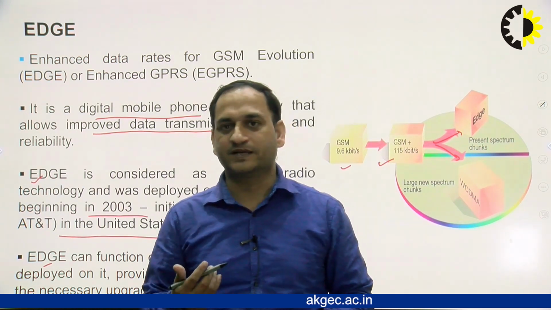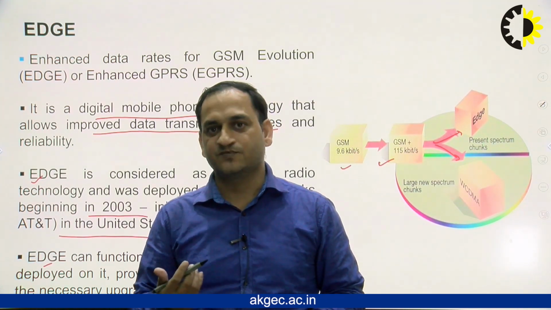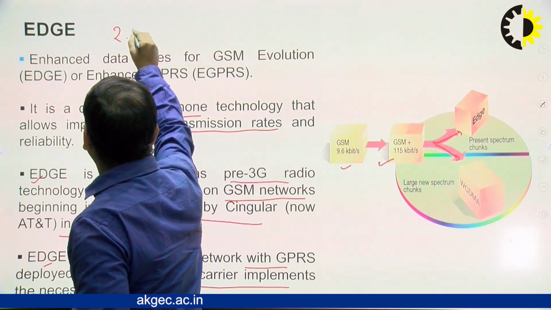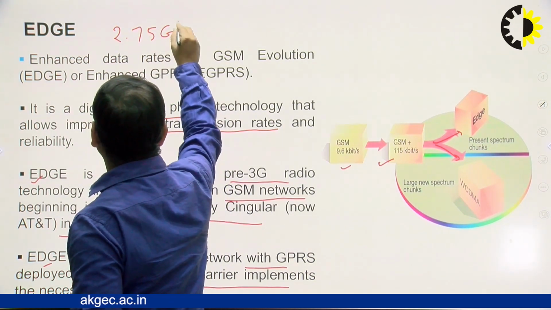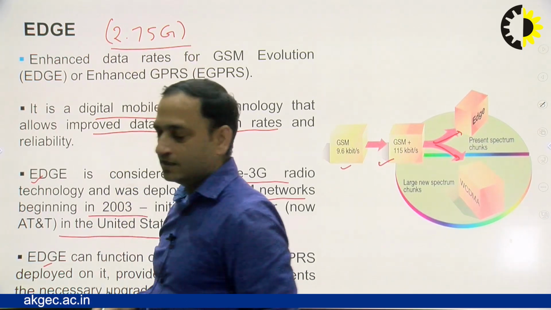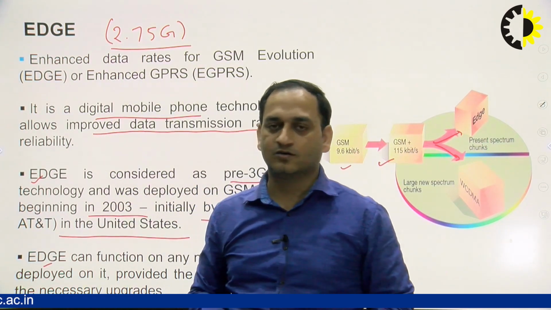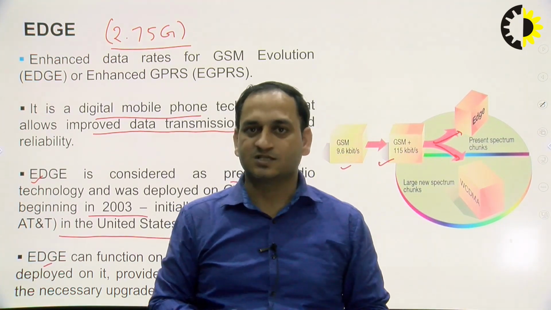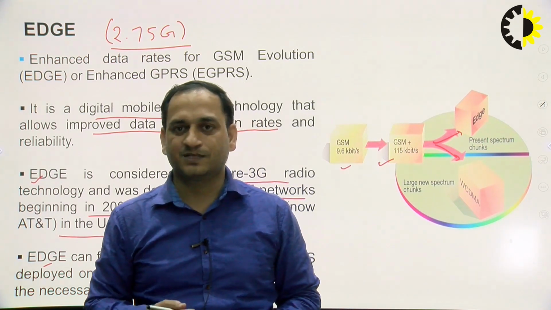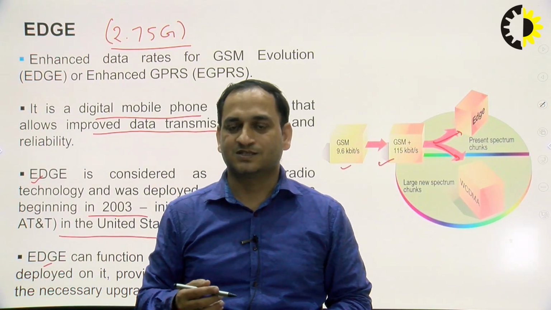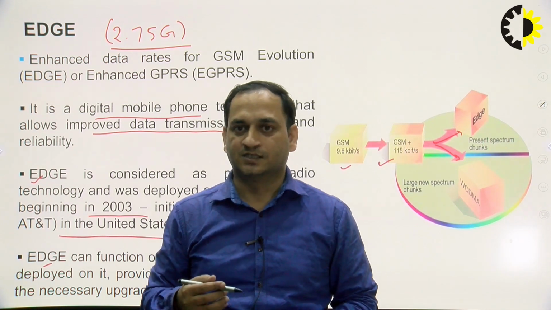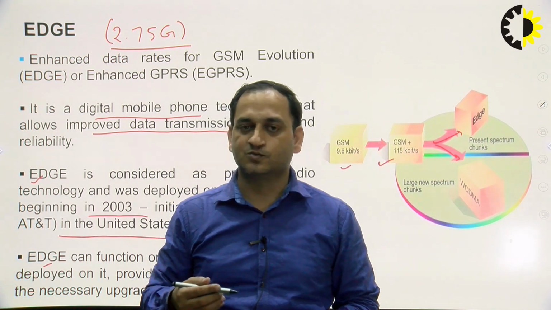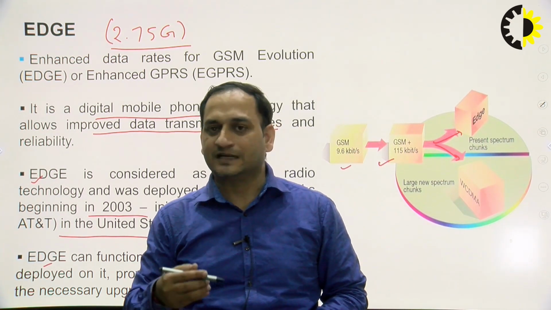That is why we call it the 2.75G network. It is proposed to increase the data rates in the system. The GSM network was there for the introduction of voice, and then GPRS was introduced to increase the data rate as well.